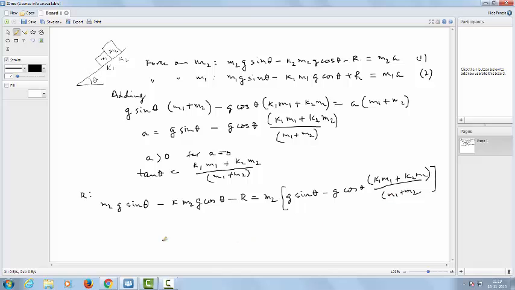So we can see that the first term on the left hand side will cancel off with the first term on the right hand side.